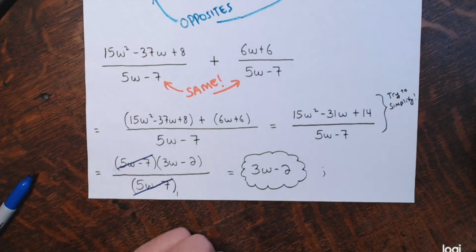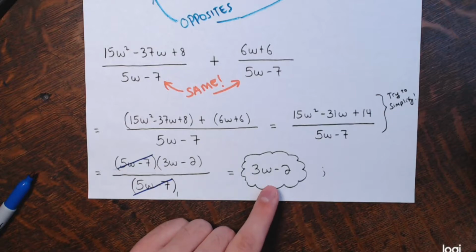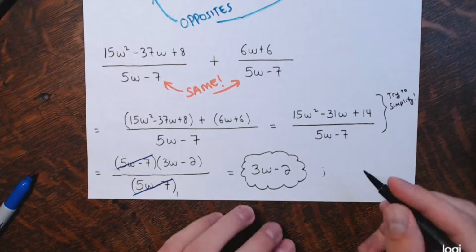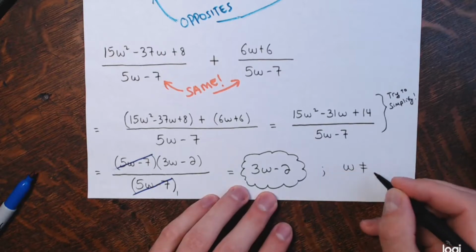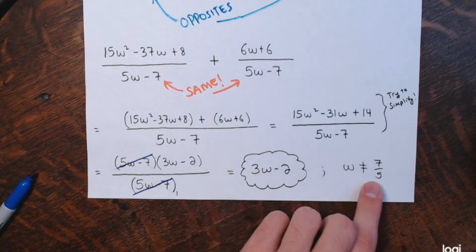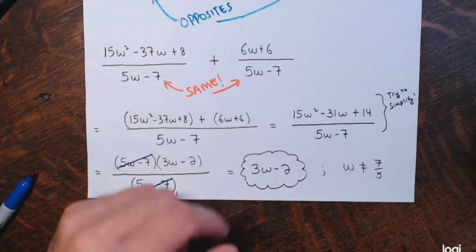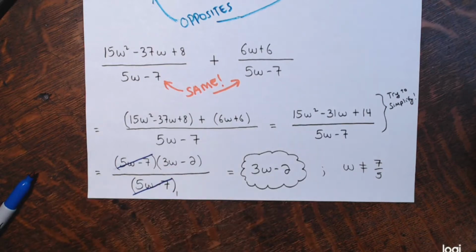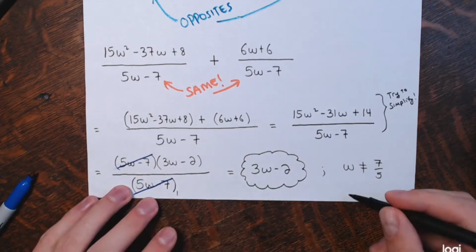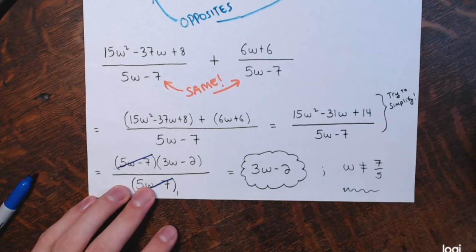That original expression we were given has the same value as 3w minus 2 for any value of w except 7/5. W couldn't be replaced by 7/5 because if you were to replace w with 7/5, the denominators throughout this problem would be 0. But any other value but 7/5 you can plug in.